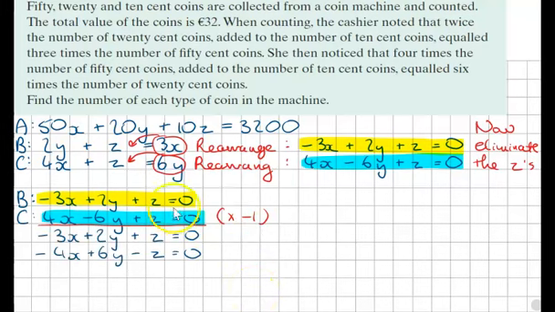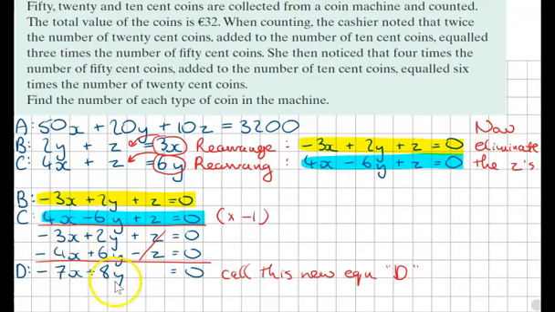The yellow part stays the same, so I have minus 3x plus 2y plus z is equal to 0. And the blue part becomes minus 4x plus 6y minus z is equal to 0. Now the z's will cancel, and I'm left with minus 7x plus 8y is equal to 0. I'm going to call this new equation, equation D.